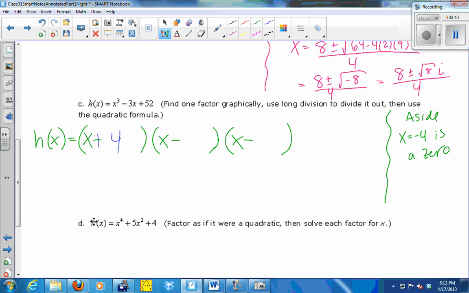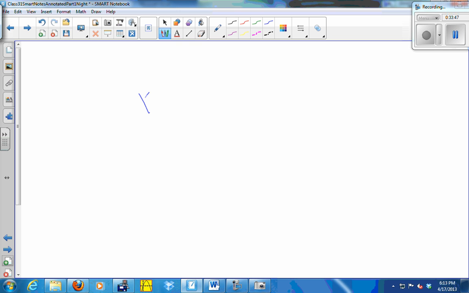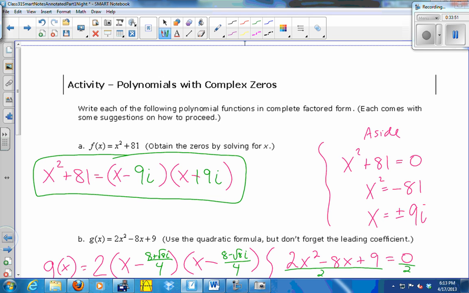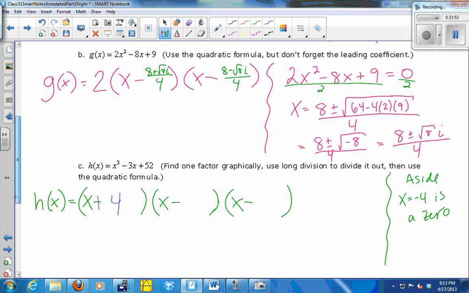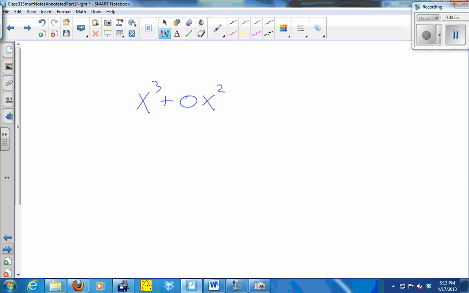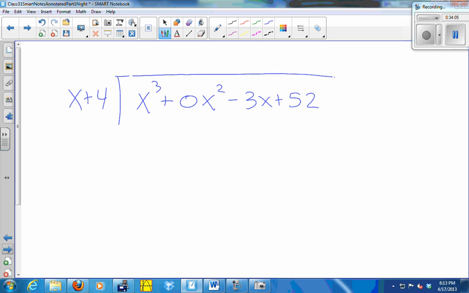Do polynomial long division. So I'm going to do x cubed plus 0x squared minus 3x plus 52, and divide that by x plus 4.